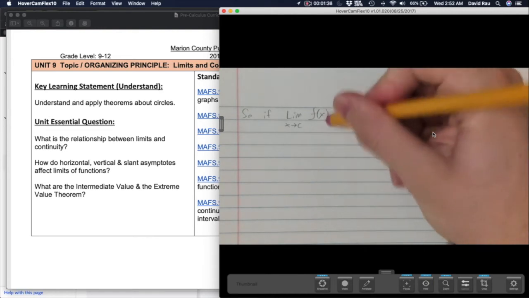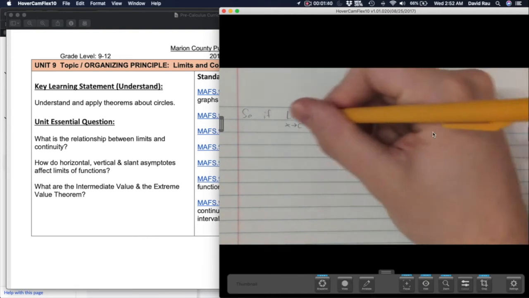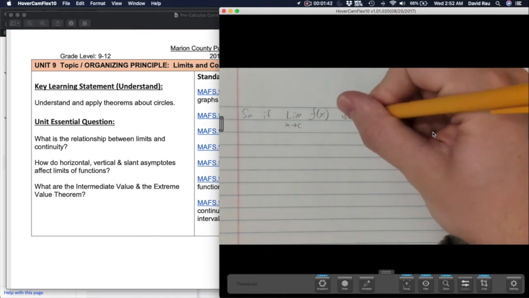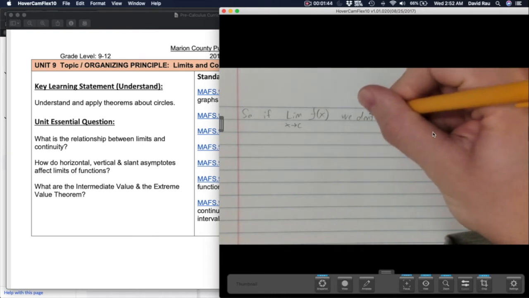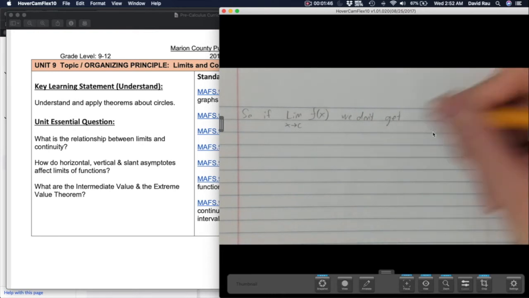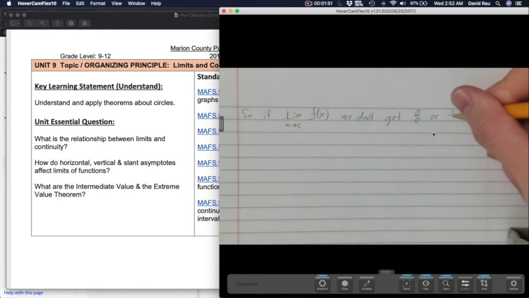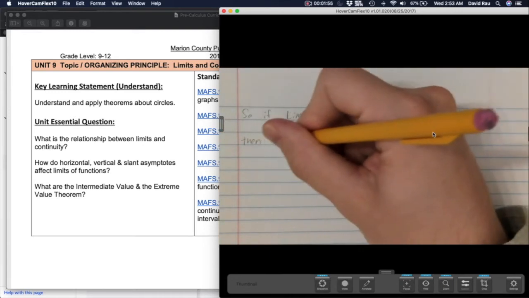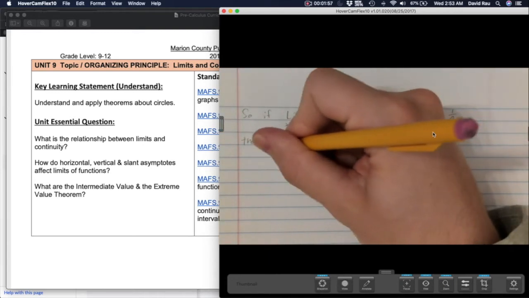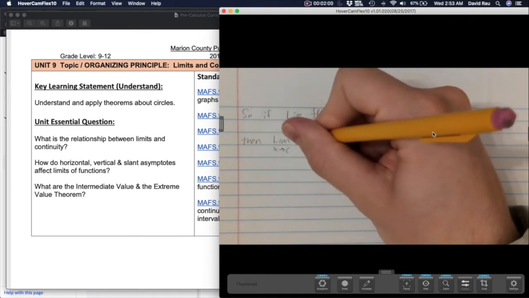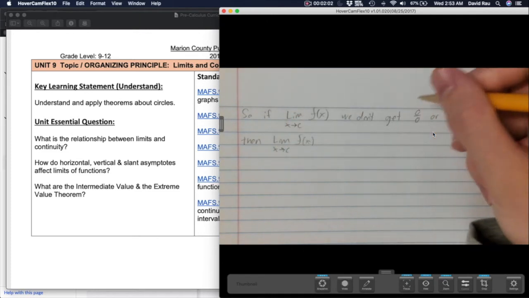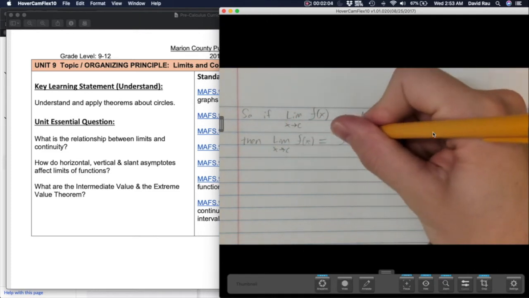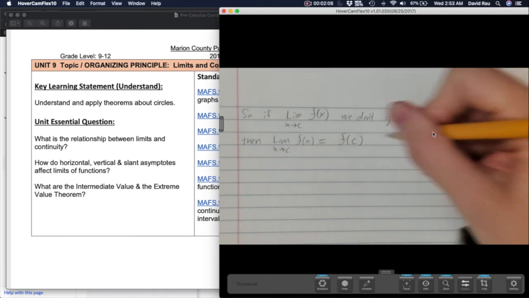actually, let me write it like this. If when we take our limit, we don't get 0 over 0 or 1 over 0, then the limit as x approaches c of f of x is simply whatever you get when you plug in c.